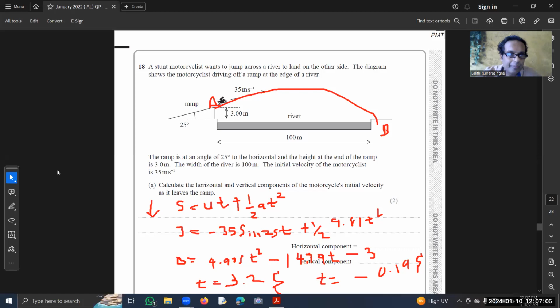S equals ut. Horizontally, we'll put S equals ut. So horizontal velocity will be 35 cos 25. We found it in the earlier part. 35 cos 25 into 3.2.